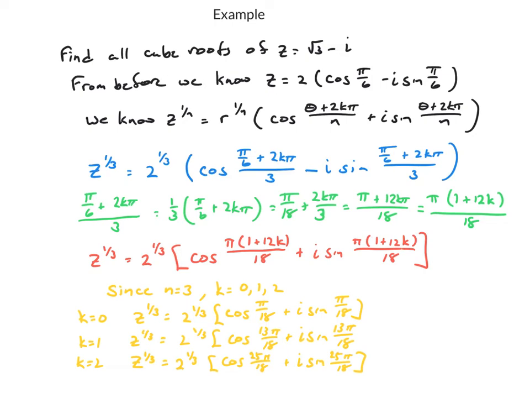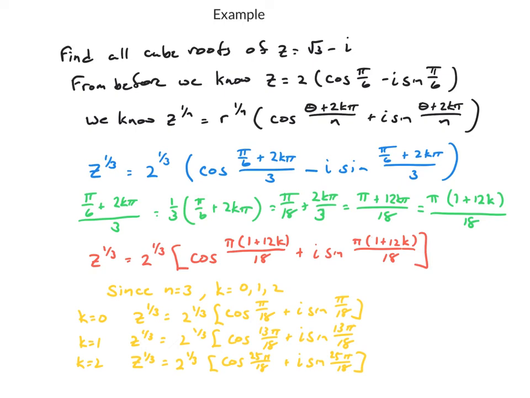So I know the cube root of z, of this square root of 3 minus i, is going to be 2 to the 1/3 times the cosine of pi over 6 plus 2k pi, that whole thing over 3, minus i sine of pi over 6 plus 2k pi, that whole thing over 3 as well.